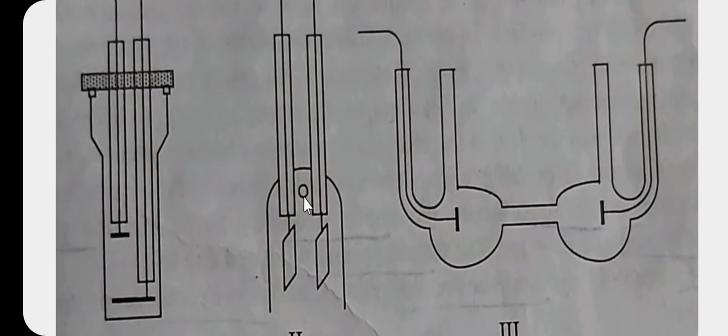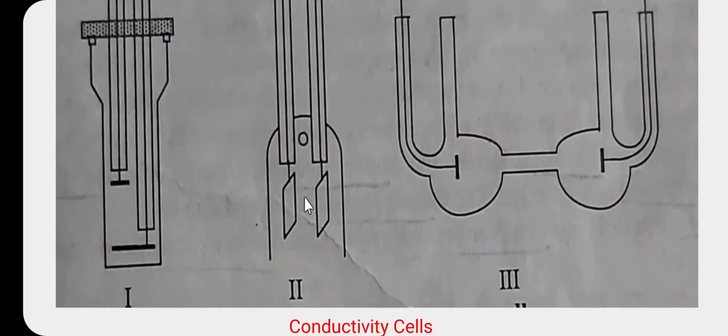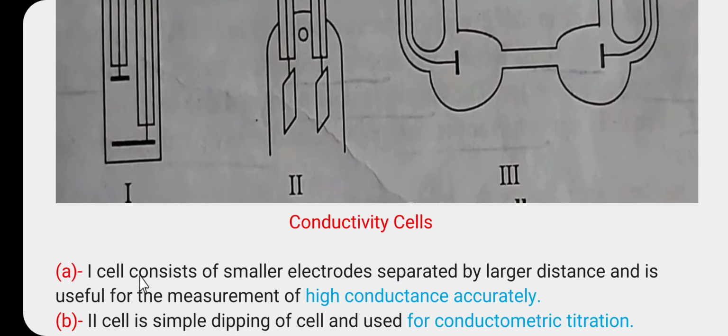We can use any one conductivity cell for the measurement of resistance as well as conductance. Friends, what is important is that in the chemistry laboratory we generally use the second type of conductivity cell for the measurement of conductance. Cell 1 consists of smaller electrodes separated by a larger distance and is useful for the accurate measurement of high conductance.